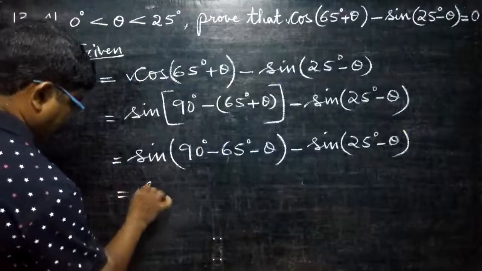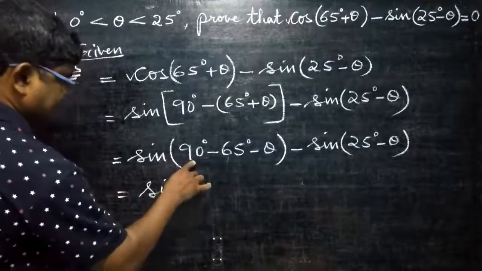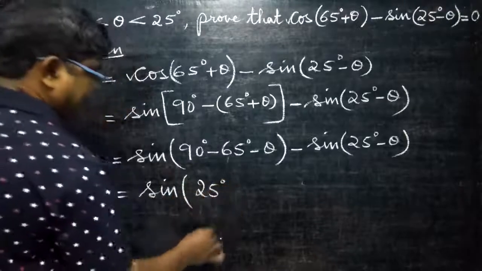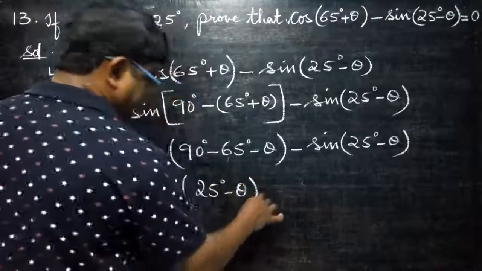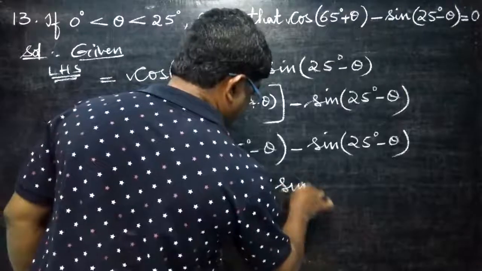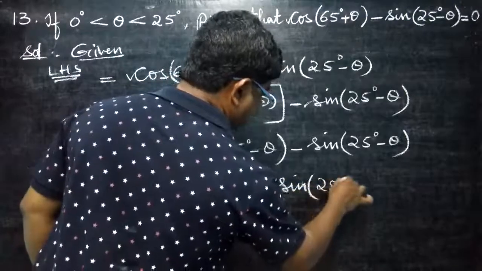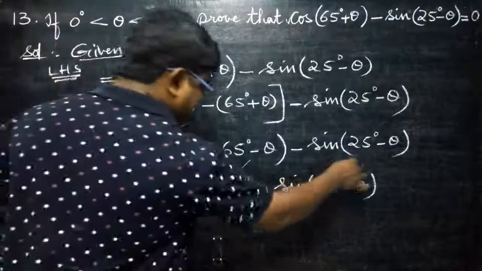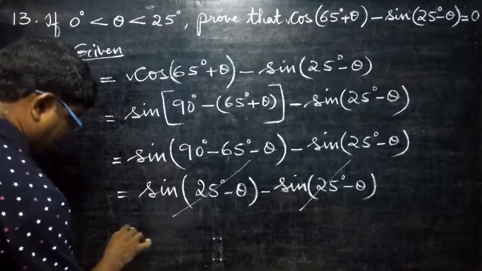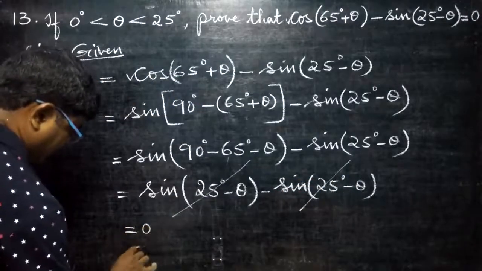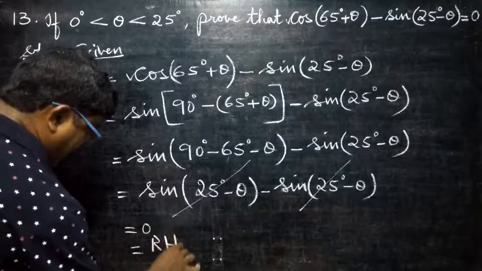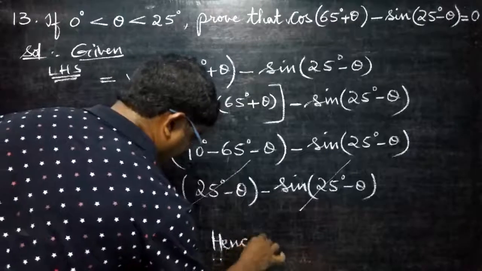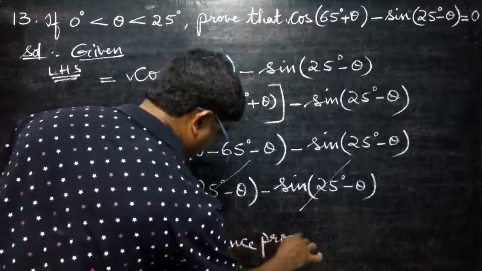Now that is equal to sin of 90 minus 65, that is 25, minus theta, minus sin of 25 degrees minus theta. This is plus and that is minus, they cancel, is equal to 0. Is equal to RHS, hence proved. That word is compulsory: hence proved.